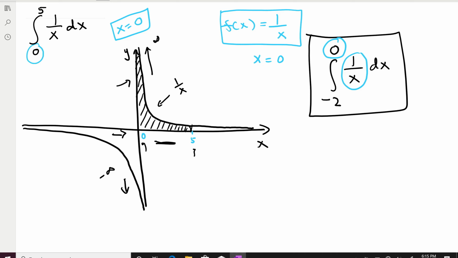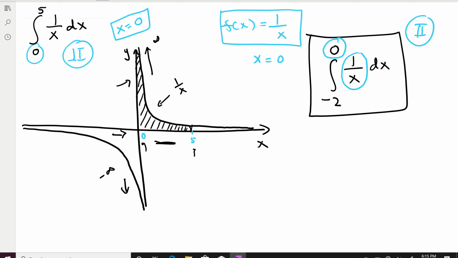Now you can see in both of these integrals, the bad point is actually either the lower limit or the upper limit of the integral, which is why we say both of these integrals are type 2 improper integrals.